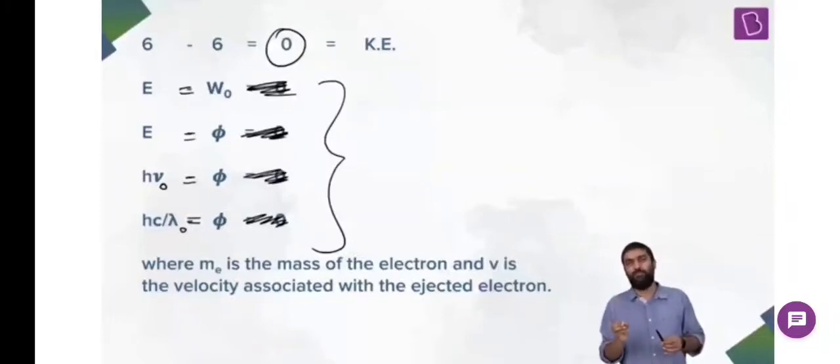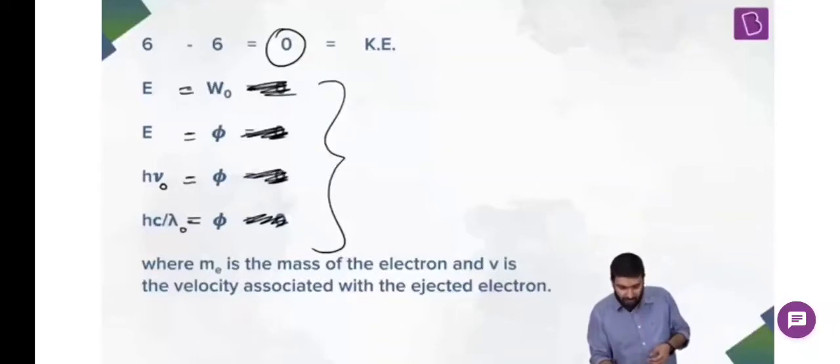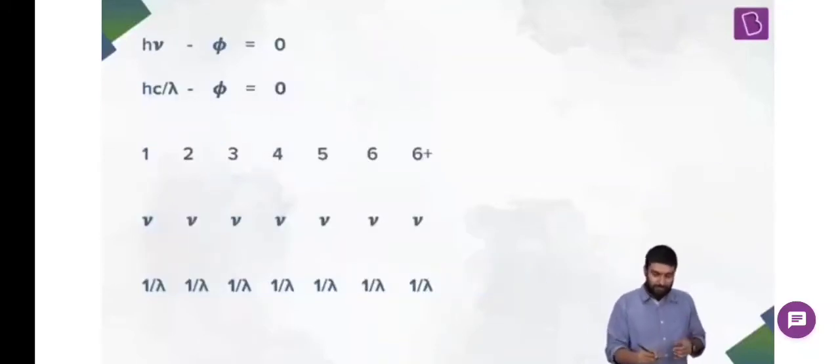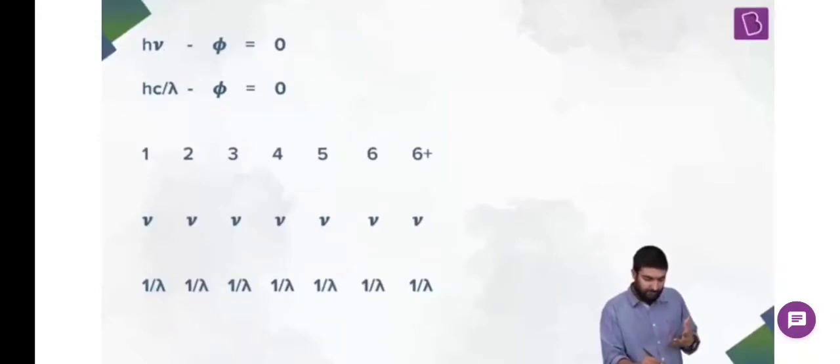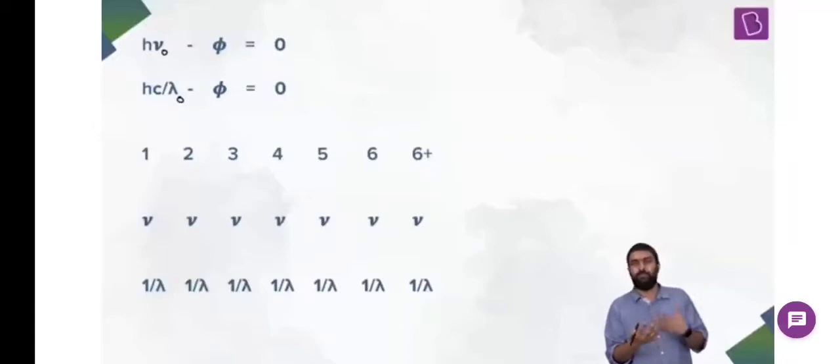The threshold wavelength is the wavelength at which the energy of the photon is exactly equal to the work function. Okay, fine. Now, for threshold wavelength and threshold frequency, we apply a naught over there.